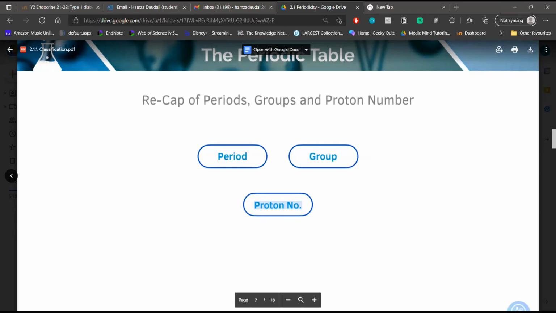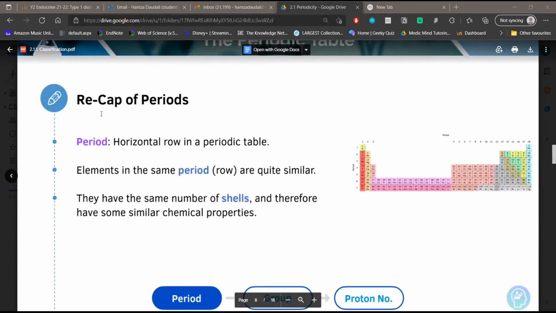Yep, so a period is a horizontal row, groups are vertical, and the proton number is... So period determines the number of electron shells. The group determines how many electrons in that outer shell there are. So period is the horizontal row in a periodic table.